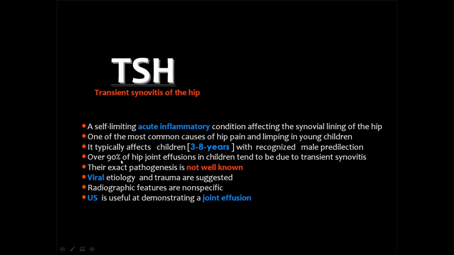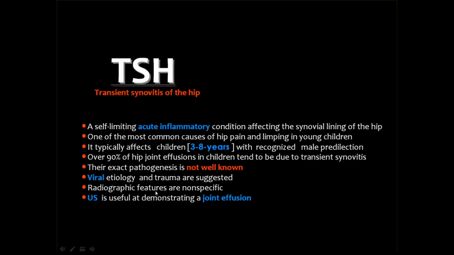Over 90% of the patients may have hip joint effusion, and from its name it is due to synovitis, which is transient, meaning that it is self-limiting and may heal spontaneously. The exact etiology is unknown, and viral etiology or trauma are suspected.